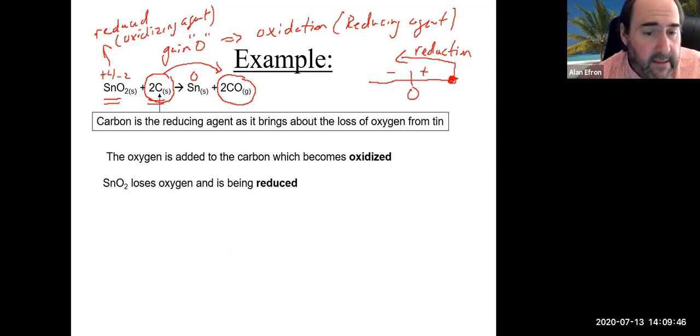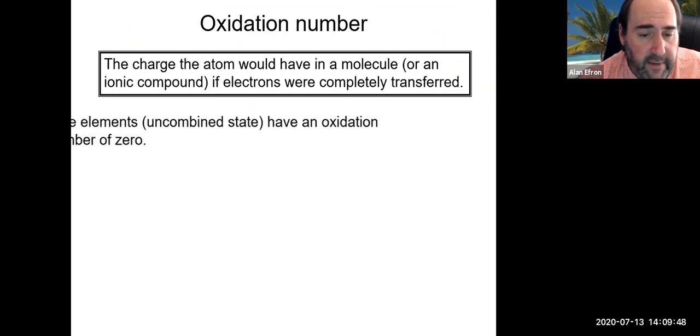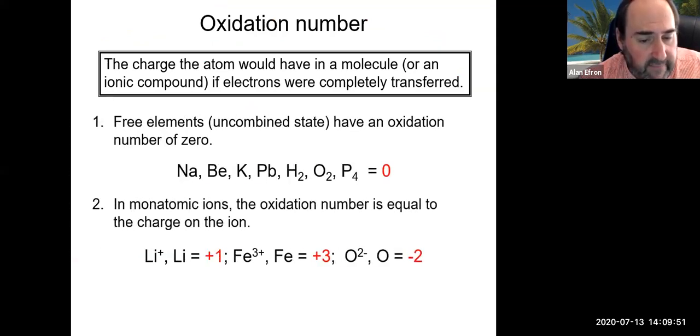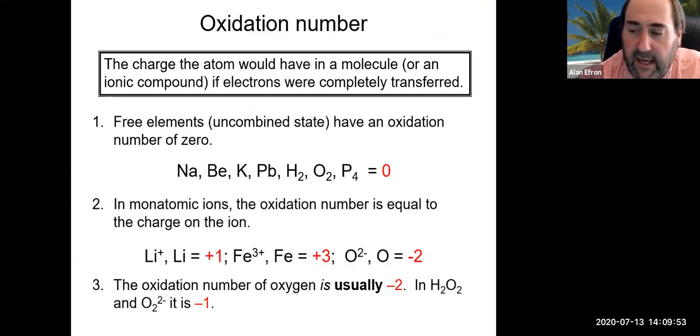Okay, so just to go over and make sure everybody's on the same page in terms of how we actually assign oxidation numbers. These are some of the rules for assigning oxidation numbers. And again, remember that oxidation numbers are also sometimes referred to as oxidation states. It's technically the charge that the atom would have in a molecule or compound if all the electrons were transferred.